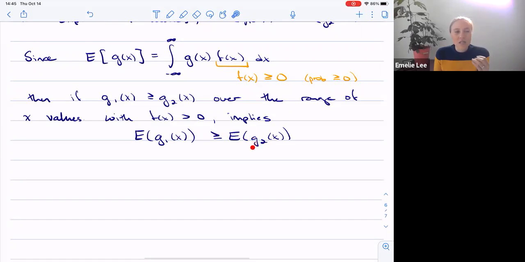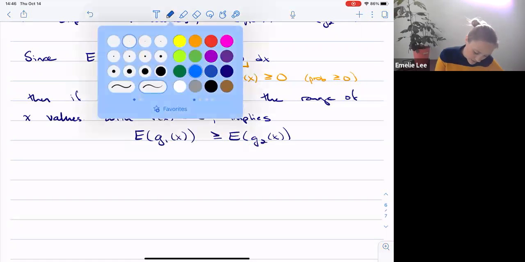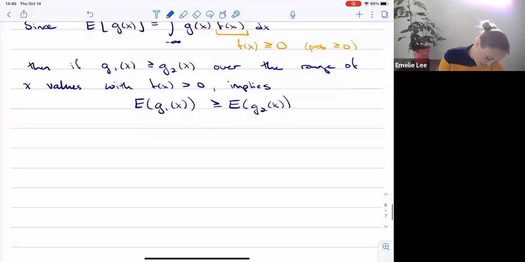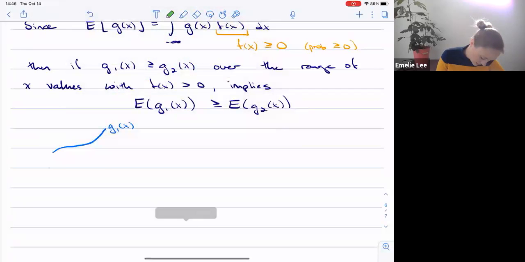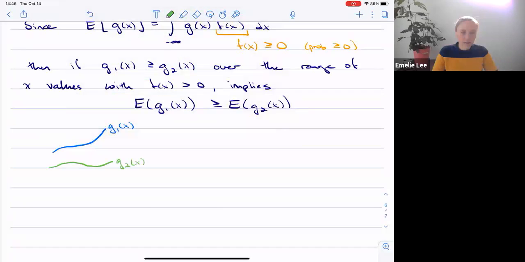So then the expected value, if we think about, let's see if I can pull this off. If we call this function G1 of X, and we call maybe this function G2 of X, remember that the expected value is the average, right? And so it's going to be the average output.